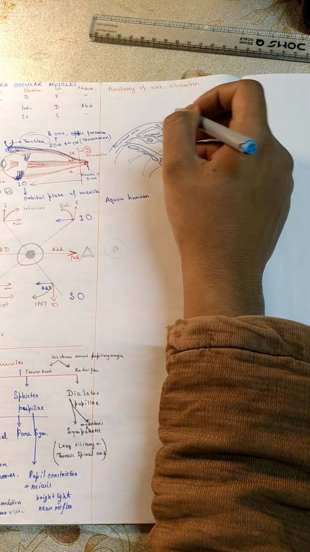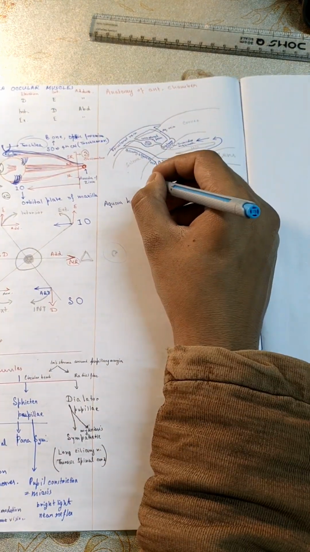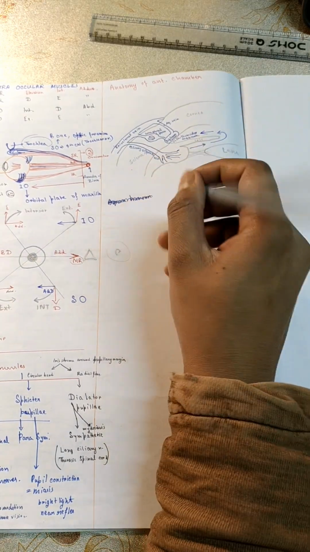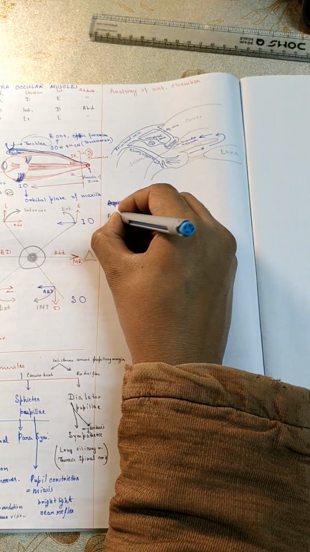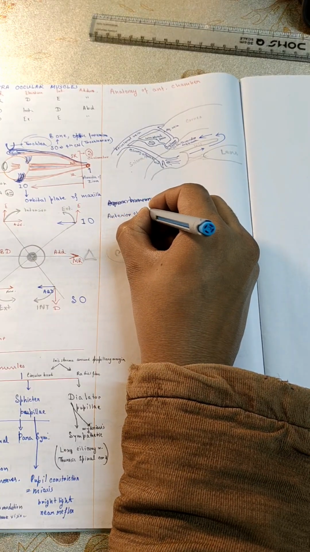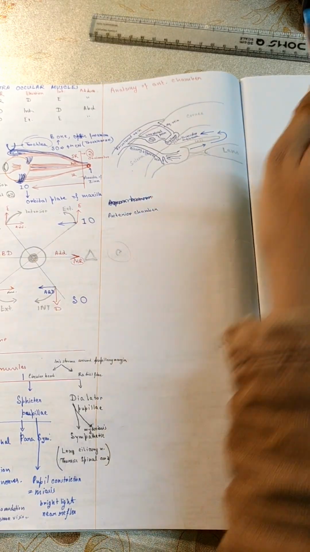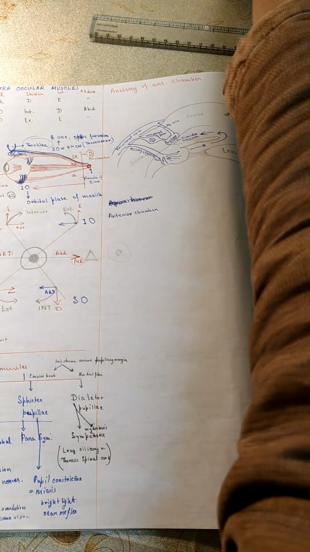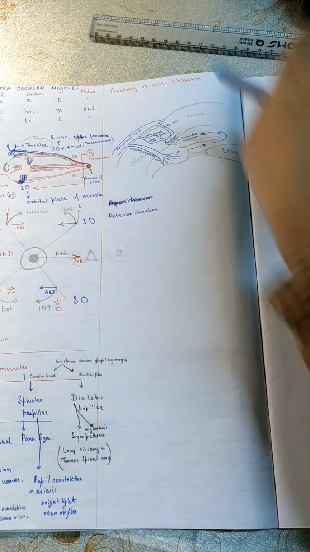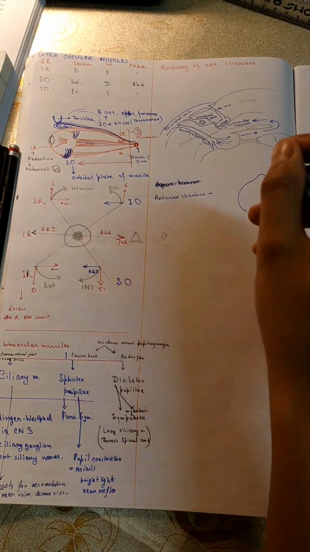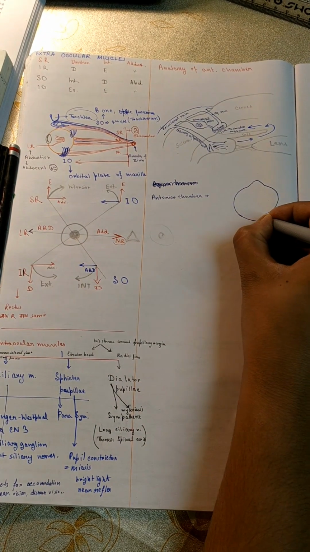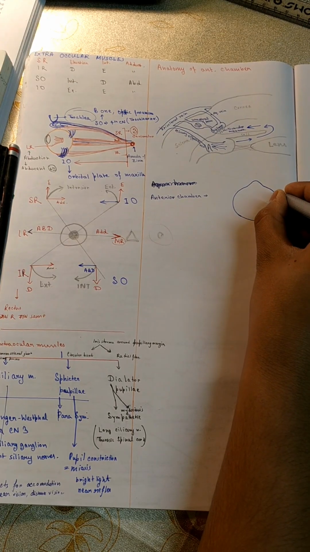It is the anterior chamber. Let's first talk about anterior chamber. What is it? Anatomy of eye. So at first I have this big ball.